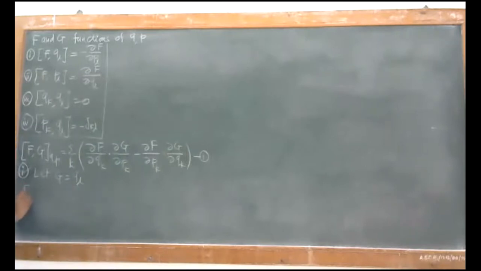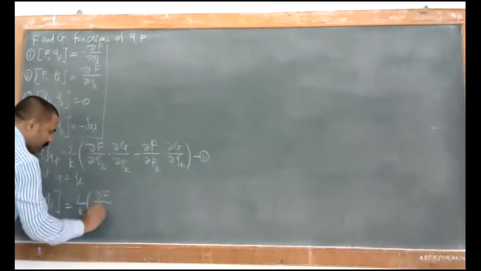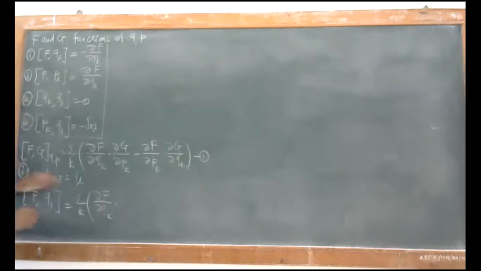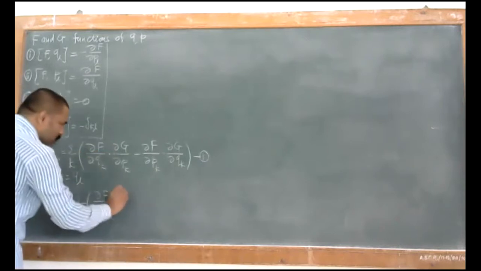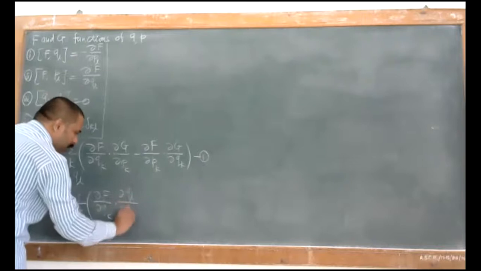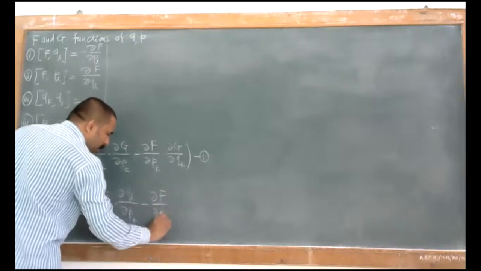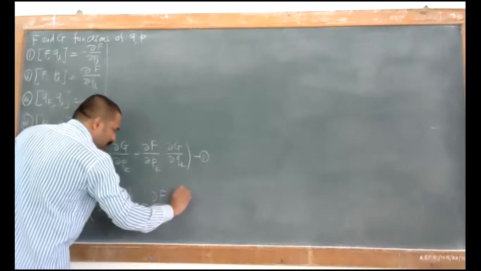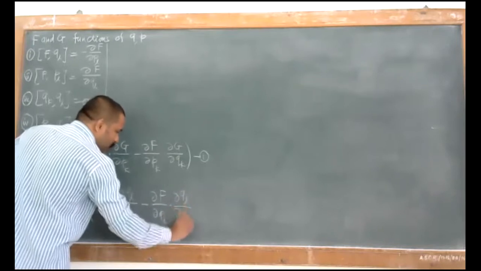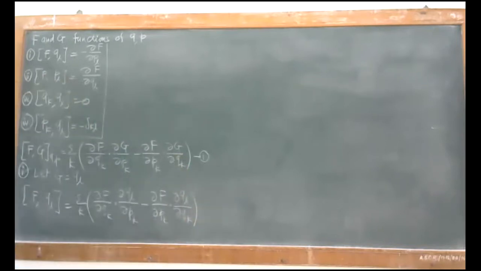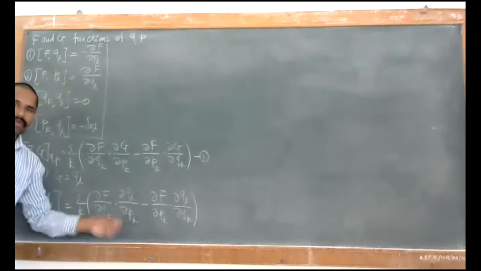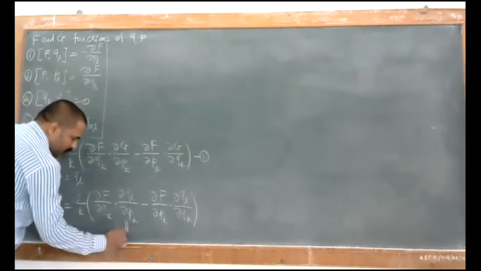And so I can write the Poisson bracket of F, QL is equal to summation over k ∂f/∂qk multiplied by ∂g, which is nothing but ql, so ∂ql/∂pk, minus ∂f/∂pk multiplied by this ∂ql/∂qk. Now look at these conditions. What is this term, ∂ql/∂pk? So this is equal to 0.